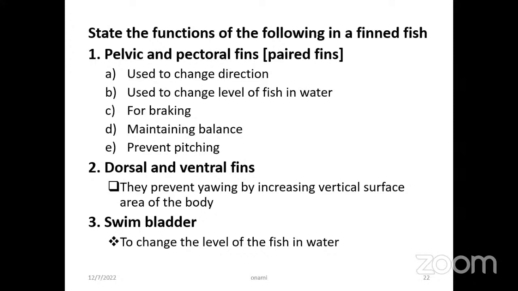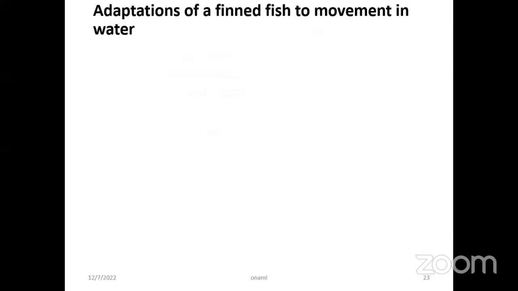So the fish is able to move to the upper layers of the water, or to float or rise in the water. If it deflates the swim bladder, it sinks. I hope you understand that.